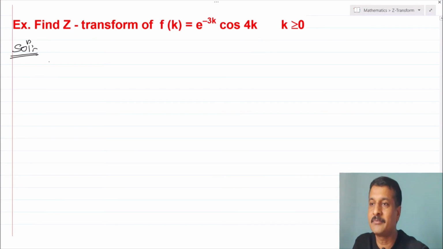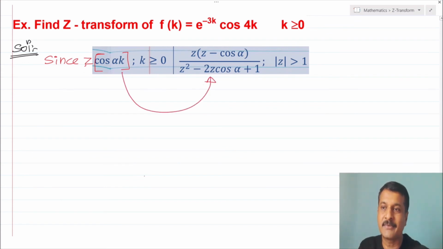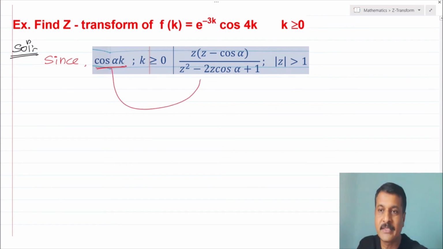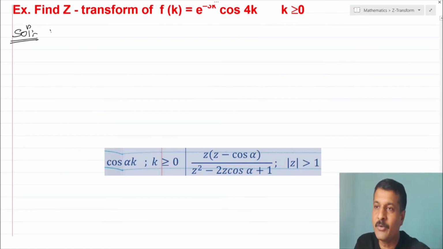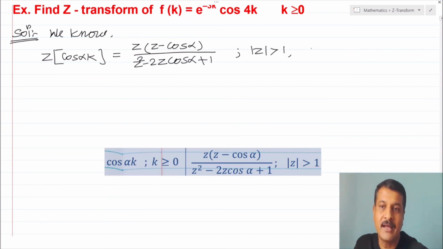So solution. First of all, you just find the z transform of cos of 4k by using the table or standard z transform, since z transform of cos of alpha k is nothing but this one. So solution, we know z transform of cos of alpha k equal to z into z minus cos alpha upon z square minus 2z cos alpha plus 1, where mod of z is greater than 1 and also k is greater than or equal to 0.